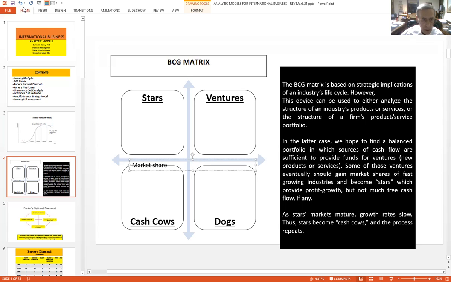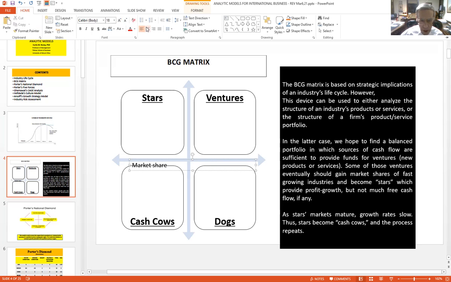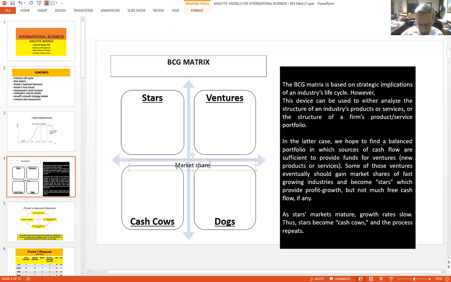And I need to center that and probably make it bold enough so you can read it, and move it up just a little bit so that it's not in the way of everything else.